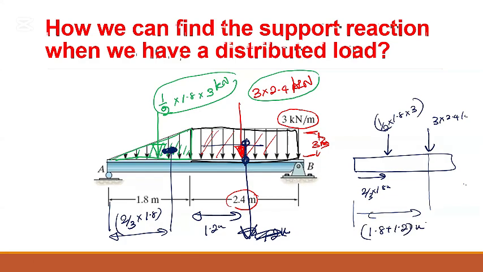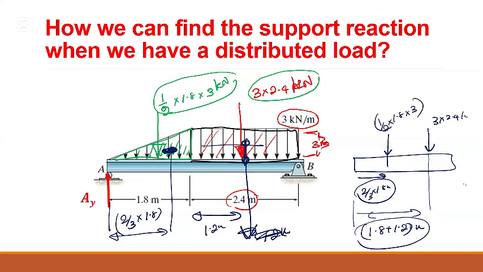So we have two forces acting like this. This distributed load we have converted to two point loads acting at two known points. This one is acting this many meters away from A, and the second one is acting this many meters away from A. Does that make sense?